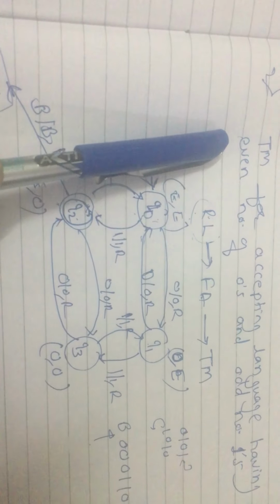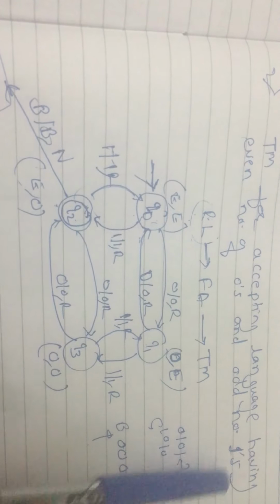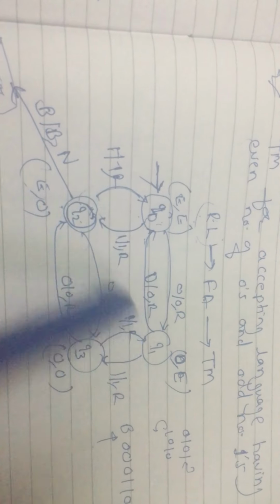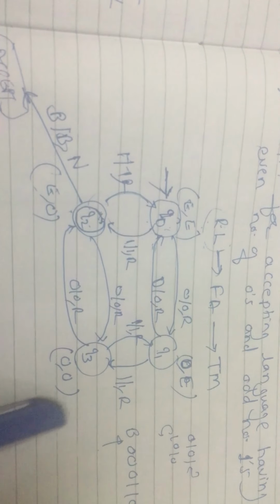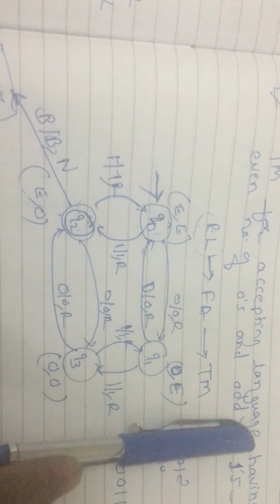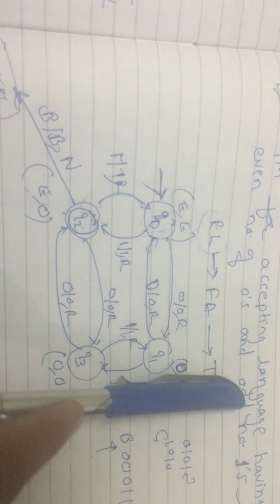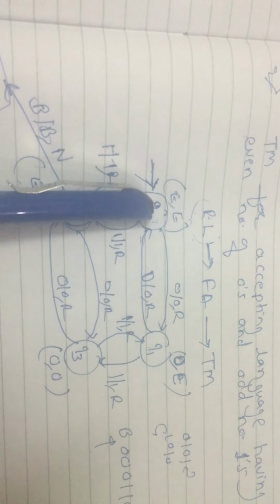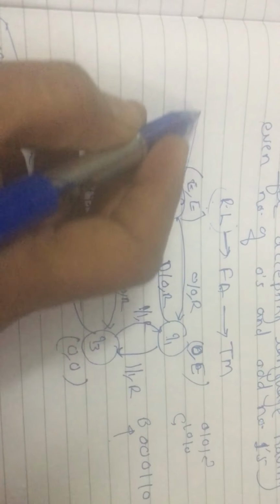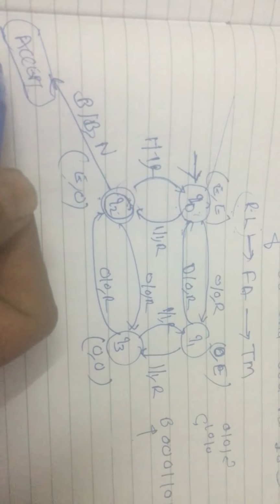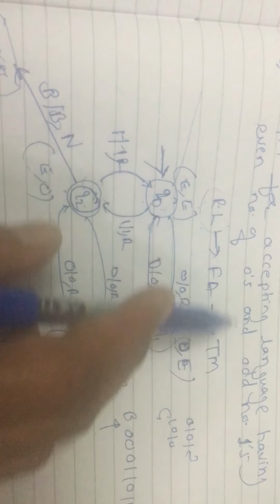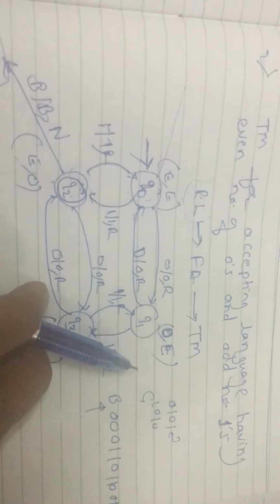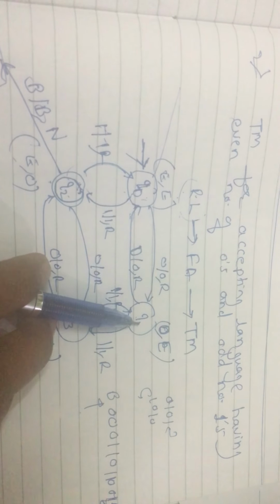Similarly, you can do it for any combination of even and odd. There are 4 combinations: even-even, even-odd, odd-even, and odd-odd. If the question is to design a Turing machine accepting the language having an even number of zeros and an even number of ones, the final state is this one, because the even combination comes here, so take the outgoing transition from this state. If odd number of zeros and even number of ones is asked, take the transition from Q1.